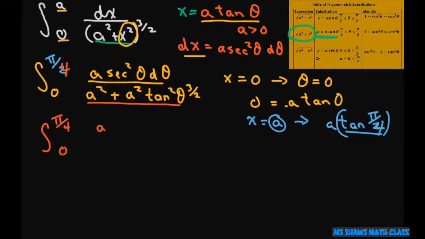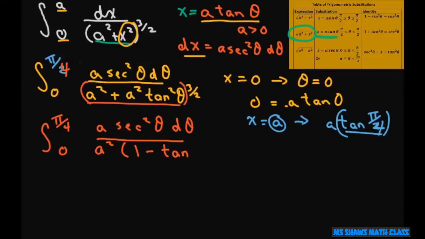And we have a secant squared theta d theta divided by, and I'm going to write the denominator, I'm going to factor out a squared, and that gives you 1 plus tan squared theta, just pulling out the a squared, and this is all to the 3/2 power.